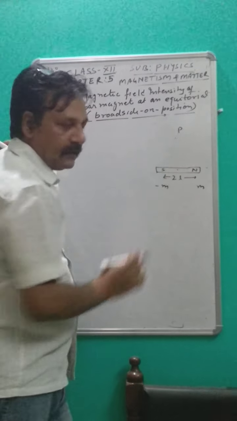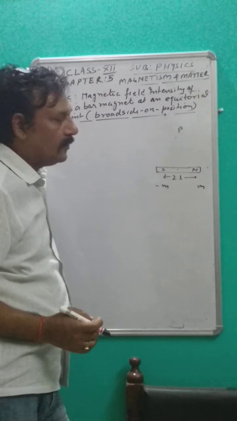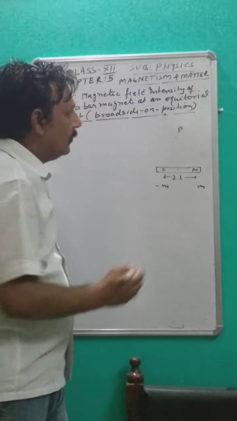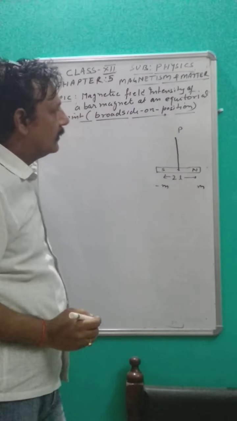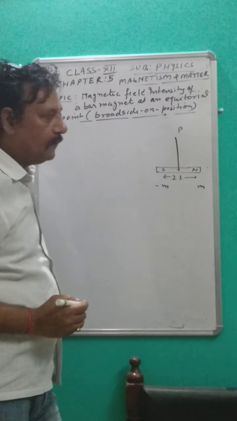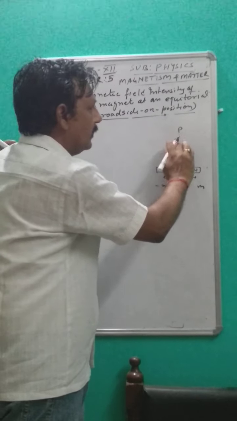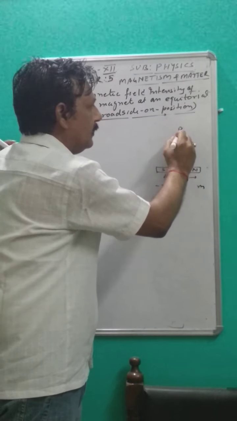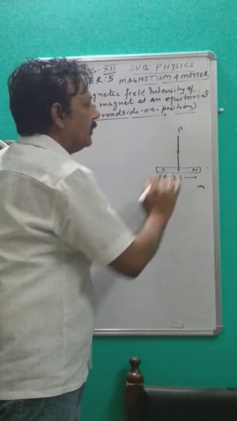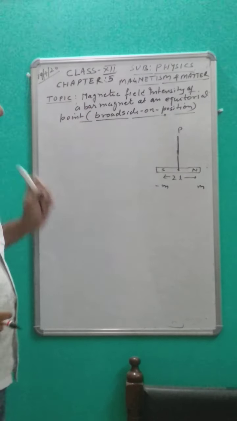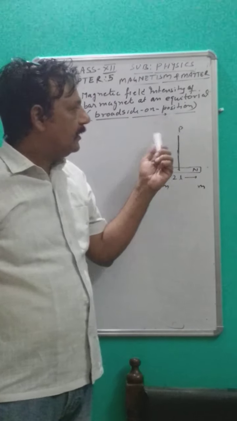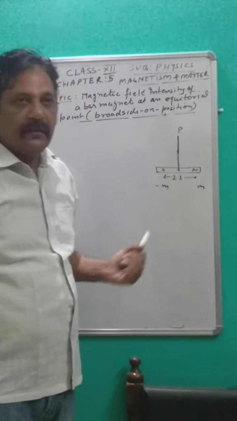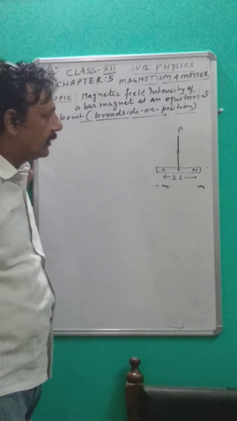Suppose NS is the bar magnet, N is the north pole, and S is the south pole. This is the perpendicular bisector of its axis. P is a point on it, and this position of P is called broadside on position. We have to calculate the magnetic field at point P due to this bar magnet.